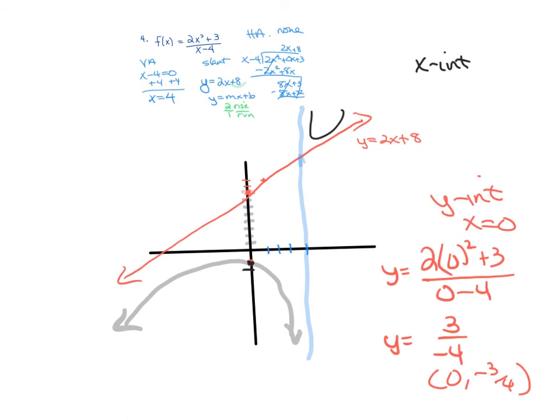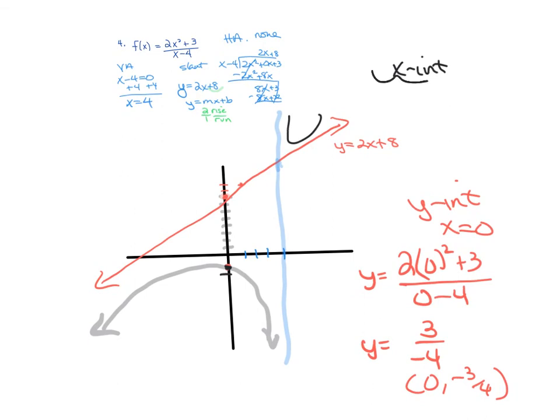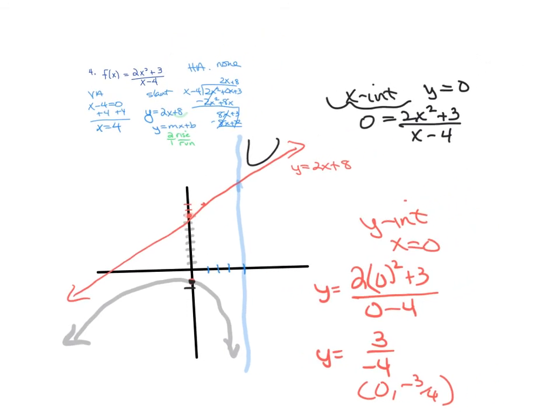Okay, so for this question, we also need to find the x-intercept. So again, I'm going to take my equation. I'm going to set y equal to 0. And I get 0 equals 2x squared plus 3 over x minus 4. Get rid of the denominator, so multiply both sides by x minus 4. X minus 4 times 0 is just 0.